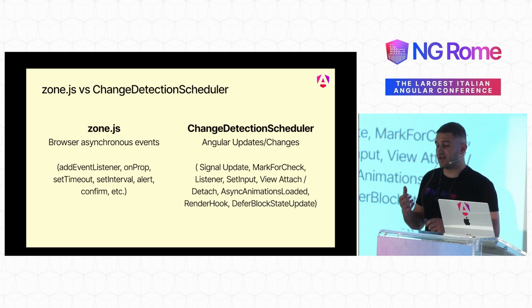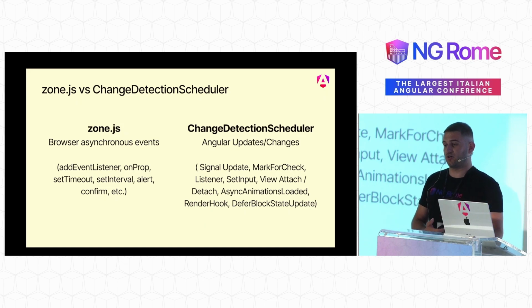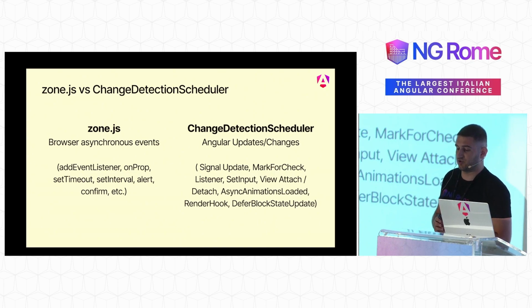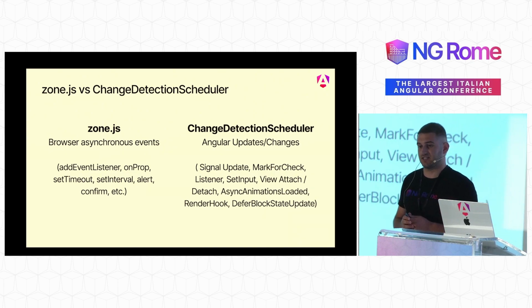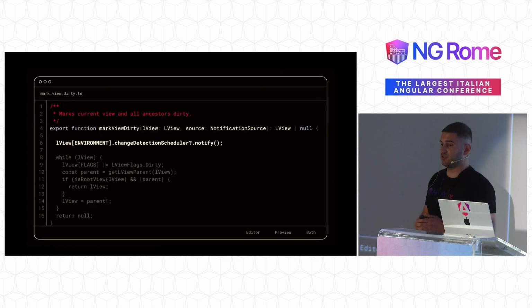Because we have things like signal updates now that tell Angular that something changed, or mark for check with the async pipe, for example, or listeners that we click, or set input when we attach or detach a view, or when we have async animations that are loaded, or render hooks, or defer block state updates. And I didn't show this before, but basically mark view dirty now will tell the change detection scheduler that, hey, something changed, you need to run tick.